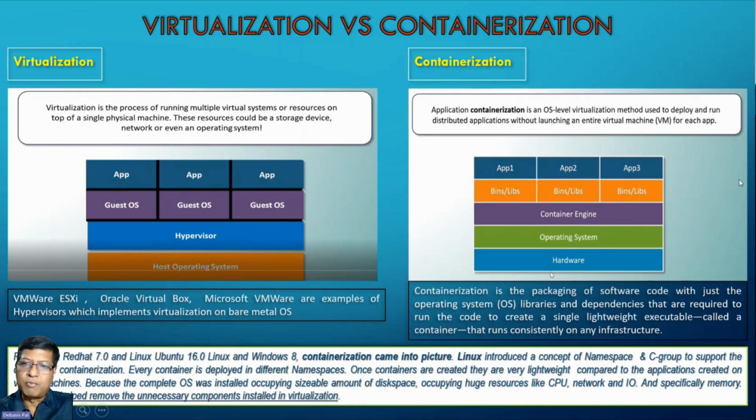So this is container 1, 2, 3, and there can be hundreds of containers that runs consistently on the infrastructure. You pick up this container and put it anywhere in any platform, it will start running. You do not have to set up an environment for that. Fantastic.